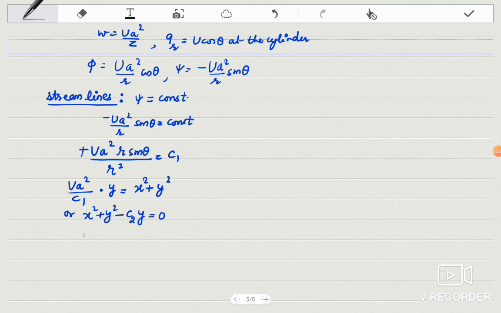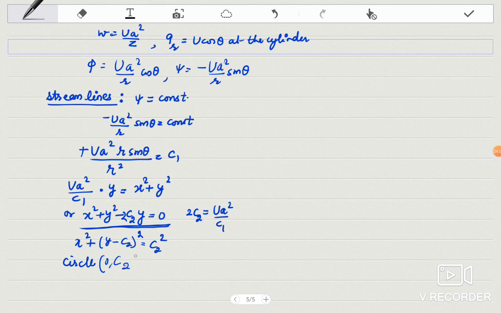So solving this, you can easily recognize it. It is the equation of a circle. I get x square plus y minus C2 whole square, I may take it twice C2 as well, where twice C2 is u a square upon C1, is equal to C2 square. So it is a circle with center 0, C2 and radius C2.